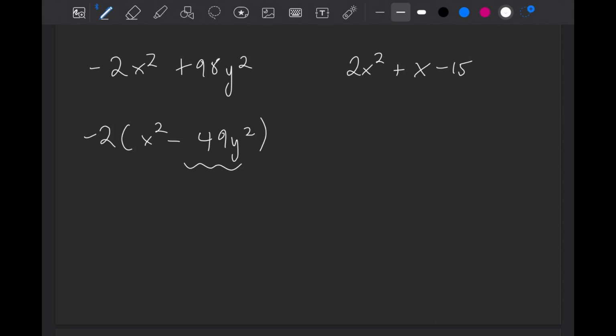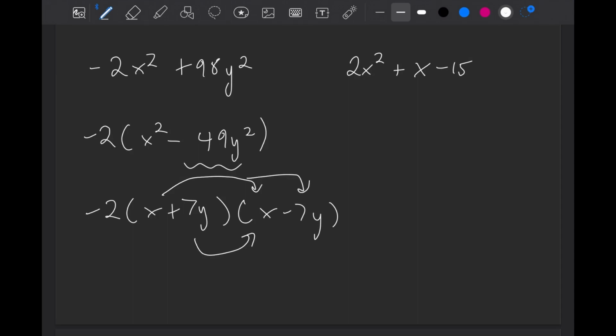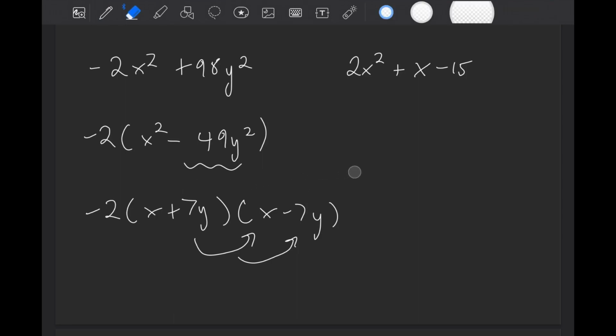And this is like a perfect square, so you can break it down to get x plus 7y and x minus 7y. With factoring, you can always FOIL this out and check to see if you have the right answer. That will give you the original if you did it correctly.